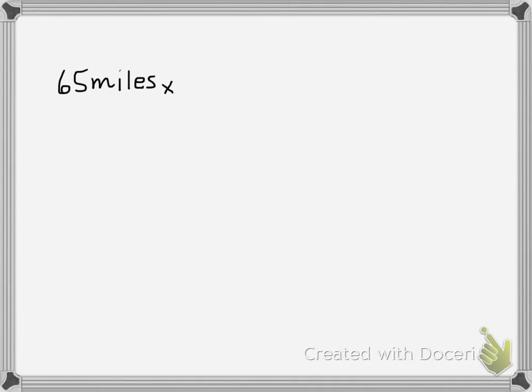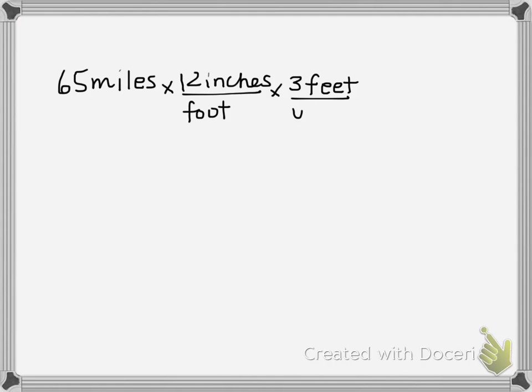Well, what do I know? I know that there's 12 inches per foot. And I know that there's 3 feet per yard. And I know that there's 1,760 yards per mile.